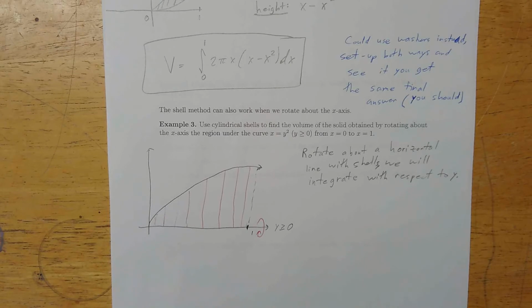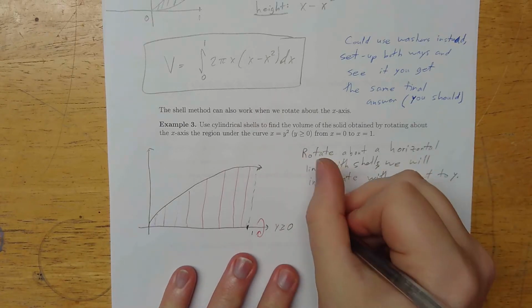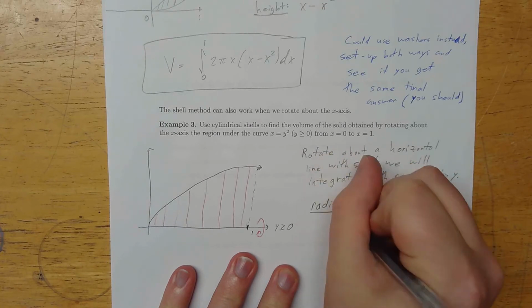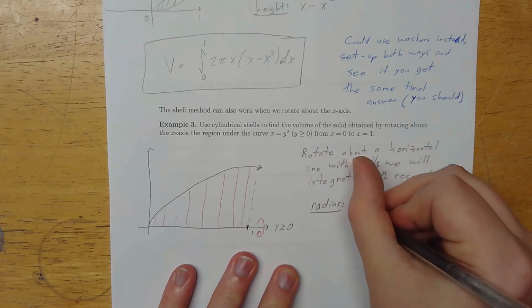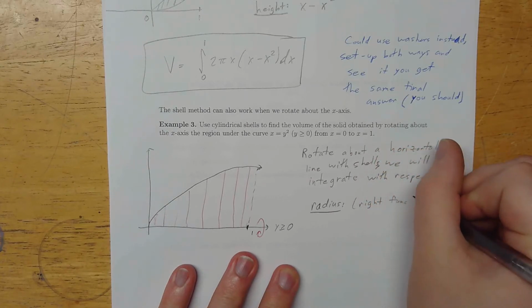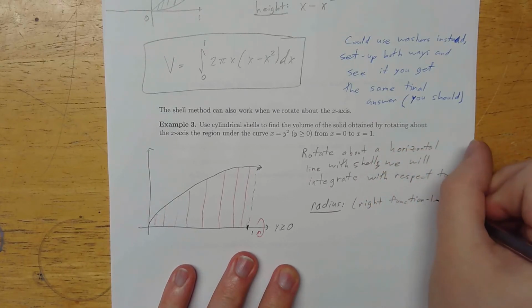So if we want to find our radius, we're going to go ahead and have our radius be equal to our right function minus our left function.